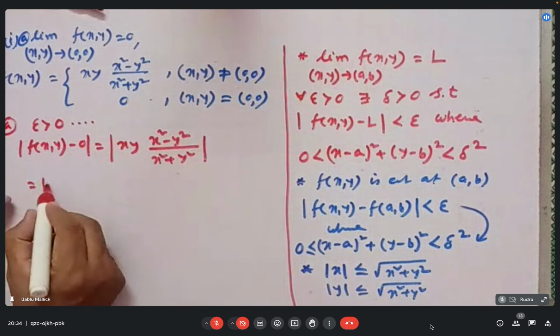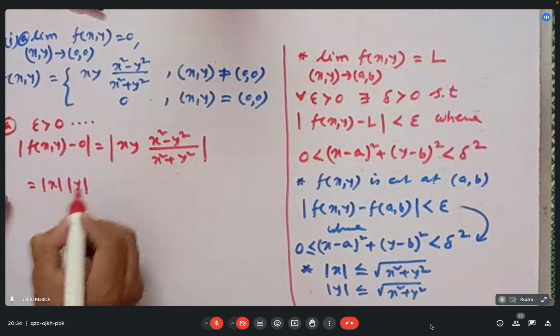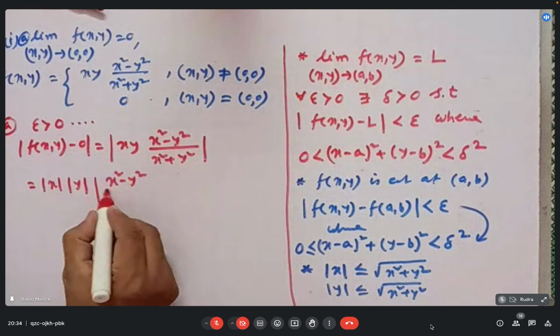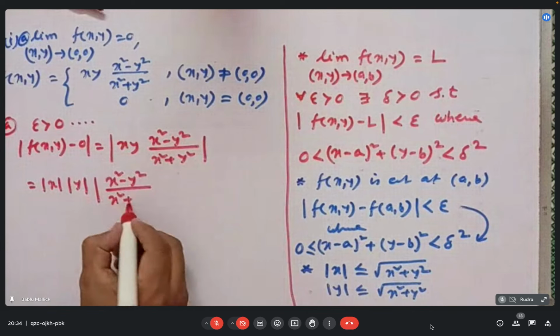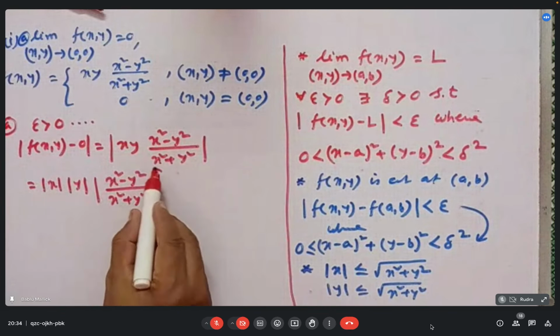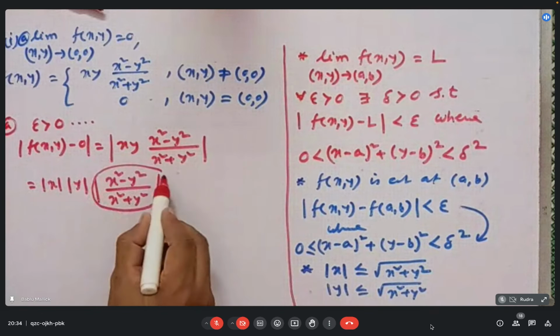We shall write it as |x||y| times |x² − y²|/(x² + y²). Clearly this value is less than or equal to 1.